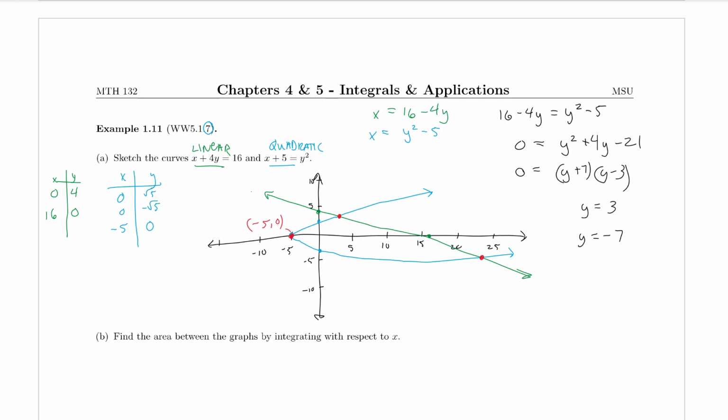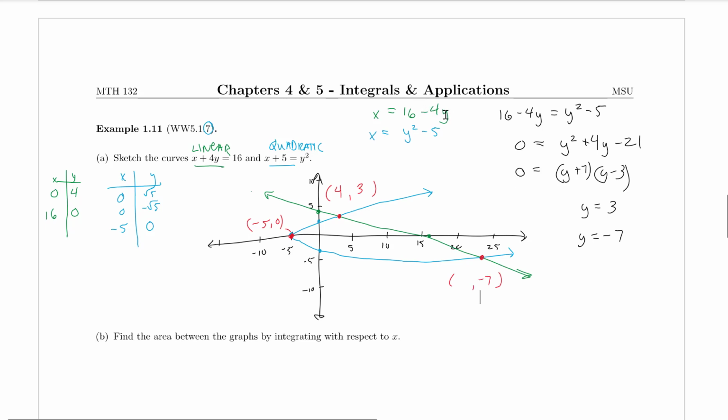If we plug our 3 or our negative 7 into either one of the equations, we can get our other coordinates. And when we do that, we see that for our first intersection, our y value is 3. If we plug a 3 in right here, we get that x must be 4. And then for our other intersection, our y value is negative 7.